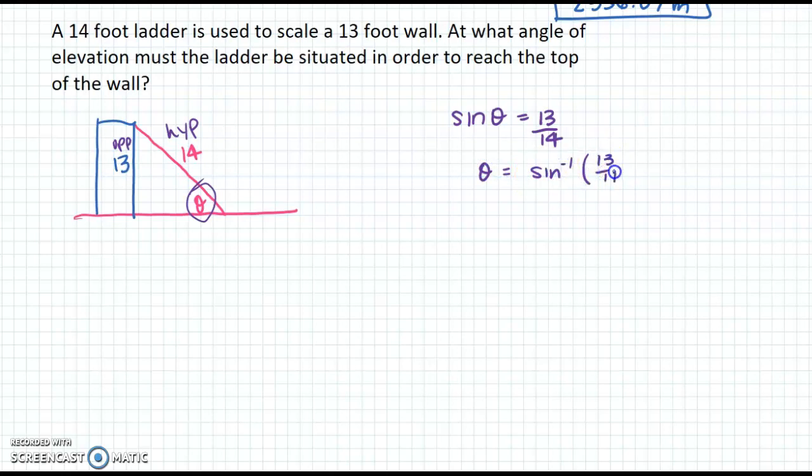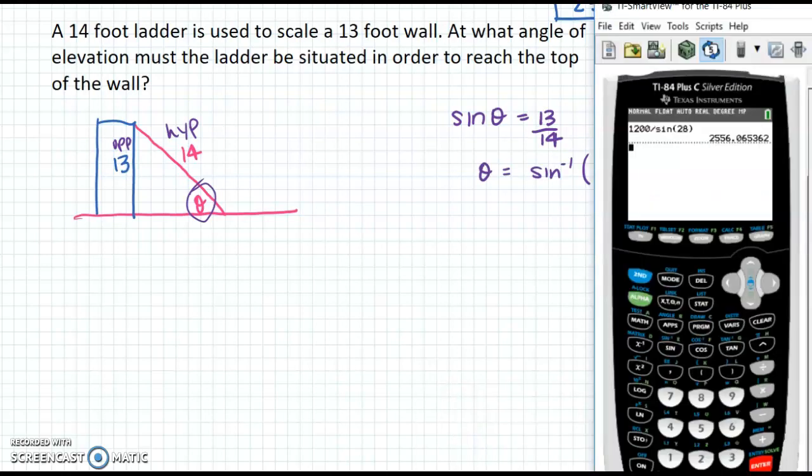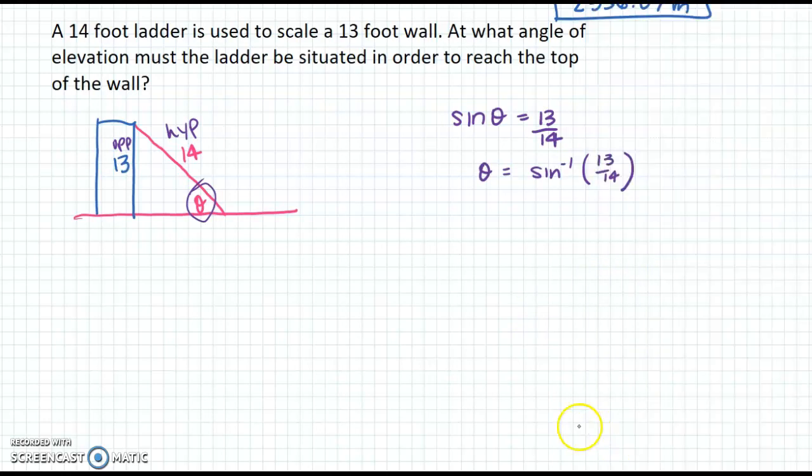Remember, you can't divide by sine. That's not a thing. The opposite operation of sine is the inverse sine. Second sine this time of 13 divided by 14. And you get 68.21. So theta is 68.21 degrees.